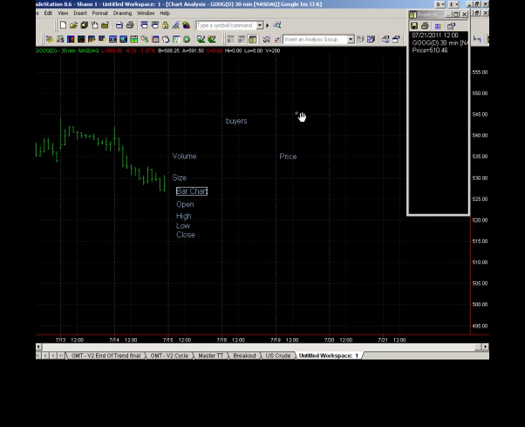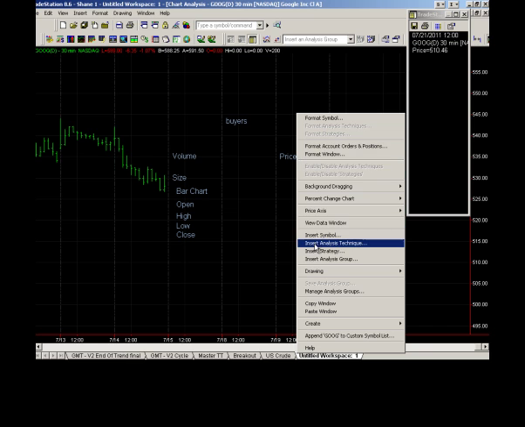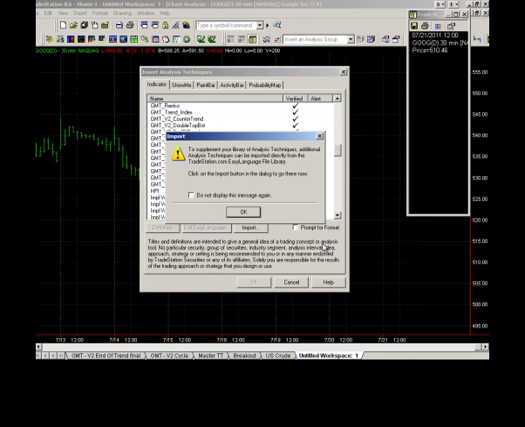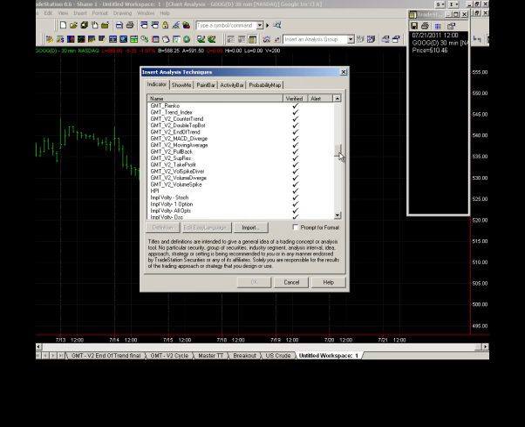Now, with these indicators that we've got on our chart, what percentage of these indicators, when I go into TradeStation, because they're all indicators, what percentage of those are, sorry, I apologise, are price indicators? What percentage do you think of those indicators will tell you what price is doing?